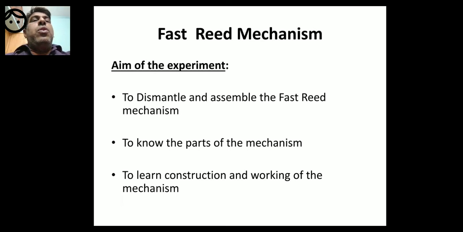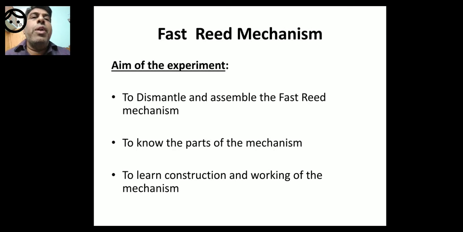The shuttle trap will cause damage to the shuttle, reed wire and to the warp. So to avoid breakages in warp, and to avoid shuttle breakage and shuttle damage and reed wire damages, warp protector mechanisms are used.